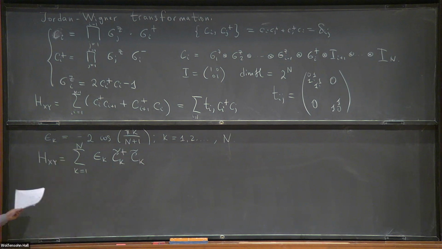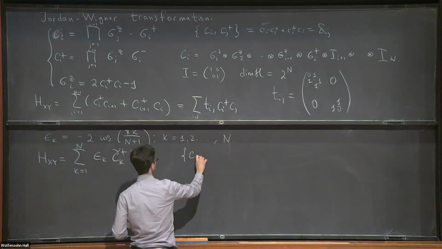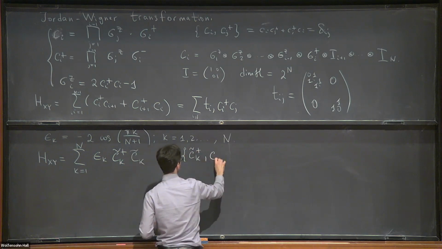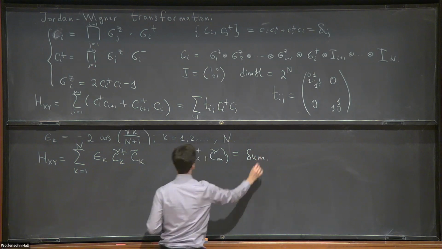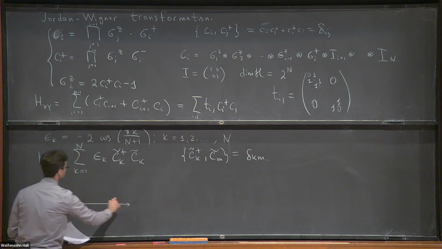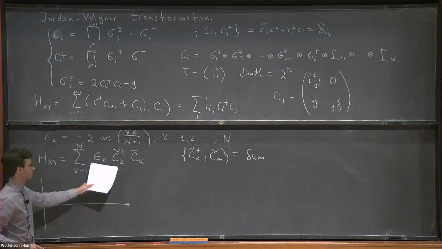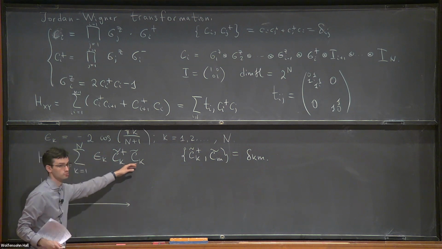So it's completely diagonal now. This new operator c_k will also satisfy fermionic relations. These are called single particle energies. To find the energy levels of the Hamiltonian, we basically need to fill our states with these fermions.